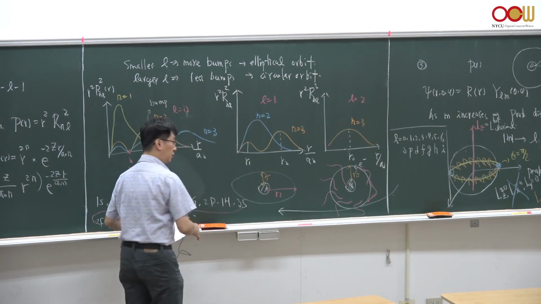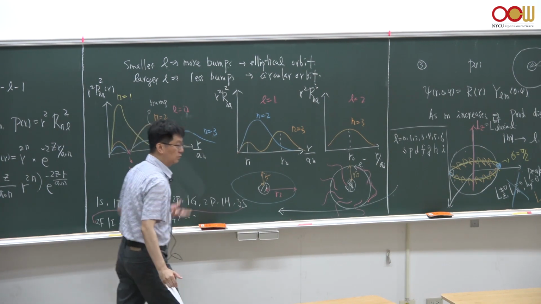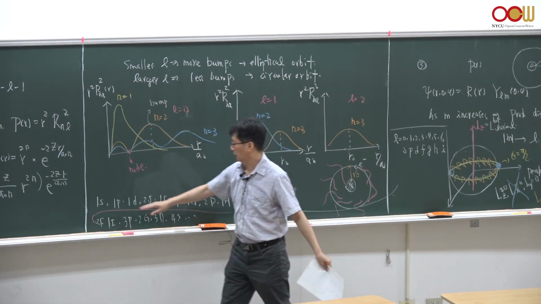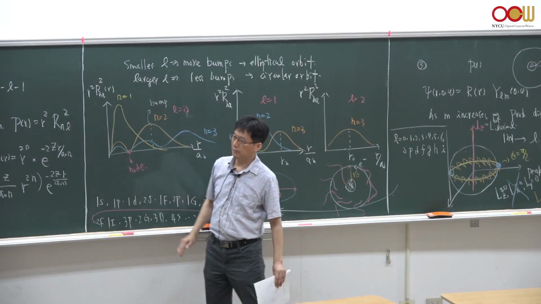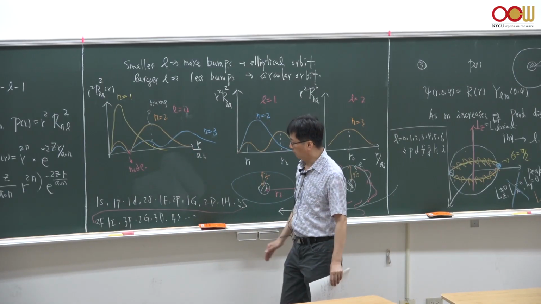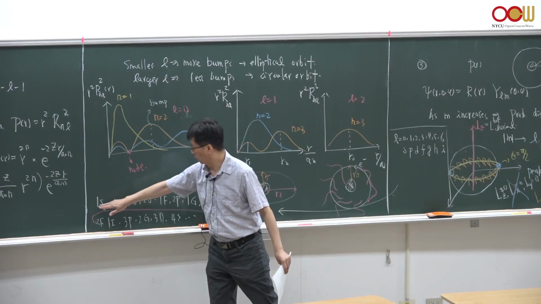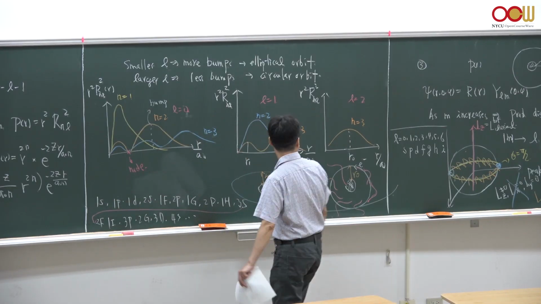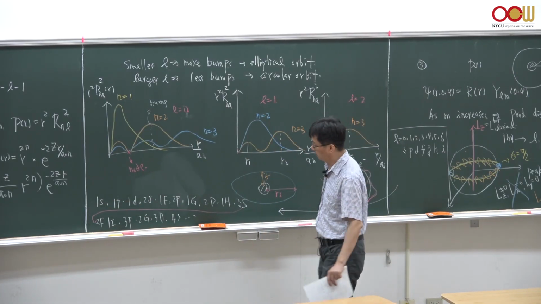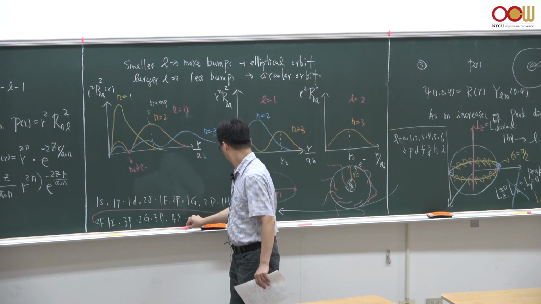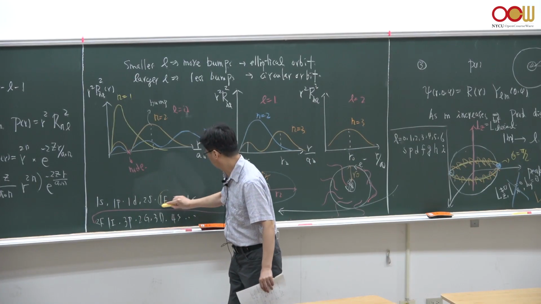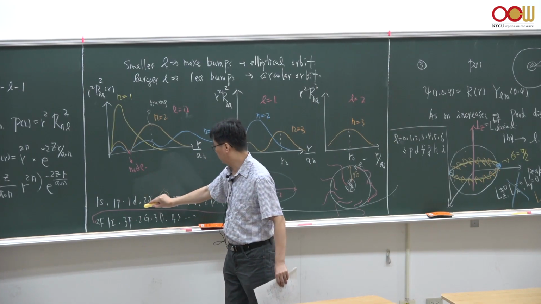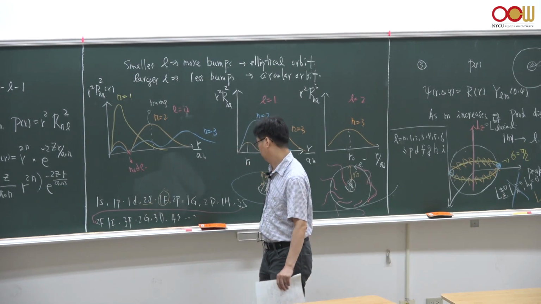You can see there are some exceptions when you fill up the electronic states from the lowest quantum number and lowest value of L. For example, the state 1f is actually higher than the state 2s, and so on.